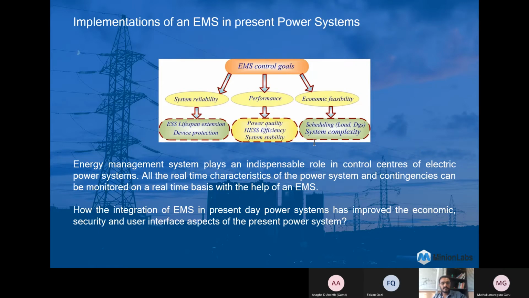All the real-time characteristics and quantities of the power systems can be monitored on a real-time basis with the help of EMS. This section primarily discusses how the integration of EMS in present day power systems has improved economic, security, and user interface aspects.